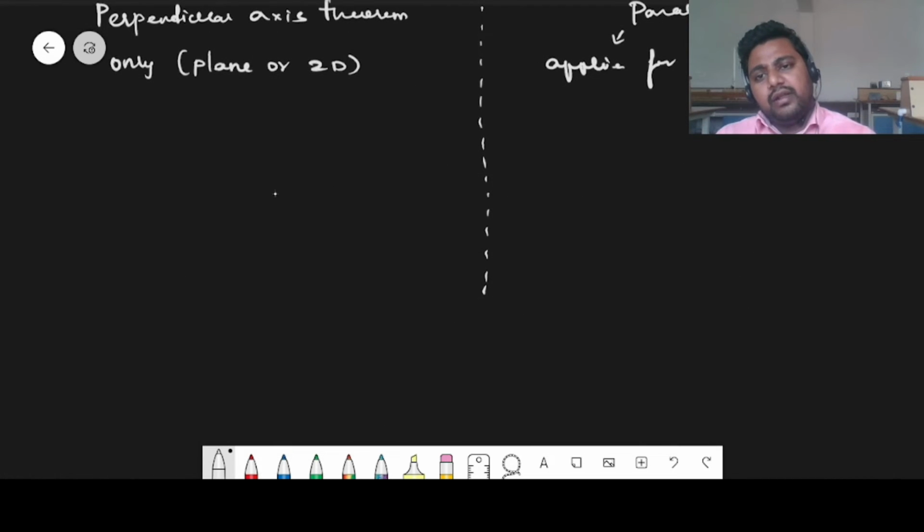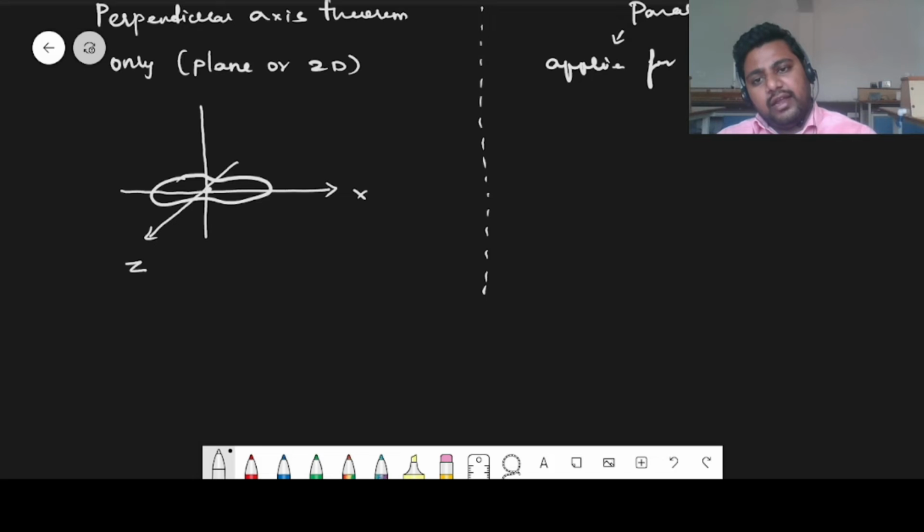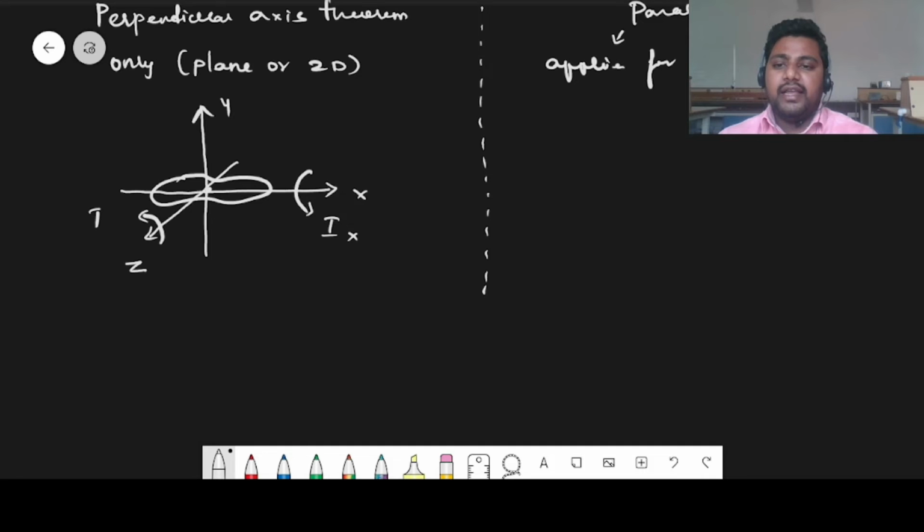According to the perpendicular axis theorem, let's say there is one object. If we are defining axes for it, this is the x axis, this is the z axis, and this is the y axis. According to the perpendicular axis theorem, we can find the moment of inertia along three different axes: Ix, Iy, Iz.